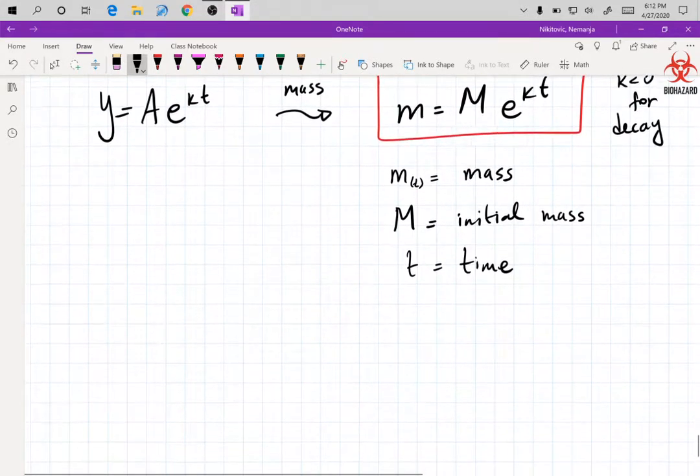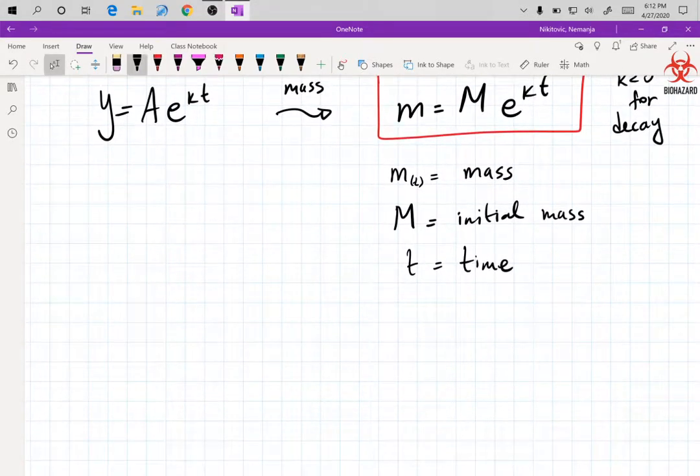Less than 0. Cool. So we can first develop the formula for half-life, even though you can just run through the calculation every time and figure it out.